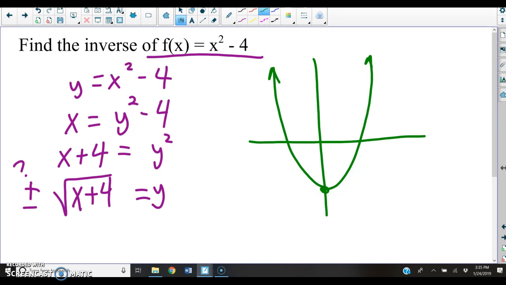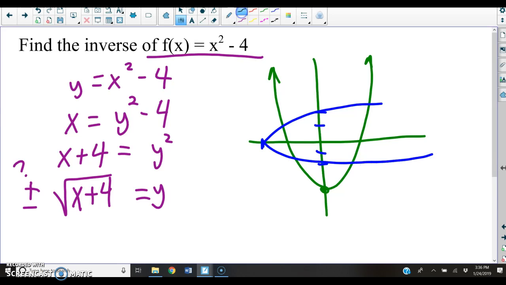So we're going to be okay. The square root function is going to say, well, if I put in negative 4 for x, the square root of 0 is 0. And if I put 0 in for x, the square root of 4 is 2 or negative 2.